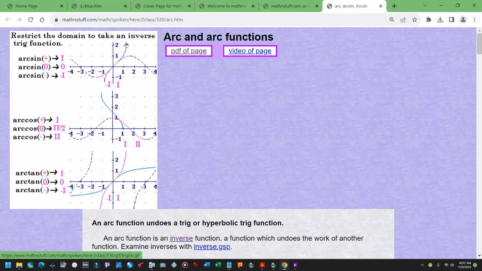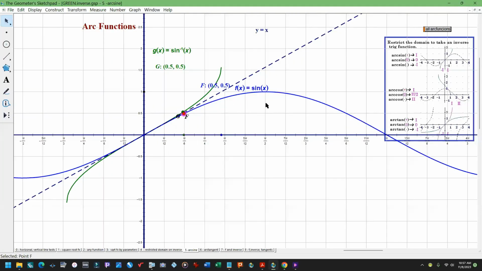Just the blue is the reflection of the pink. The green here is the reflection of the blue. Okay, so here we go. We're back to restricting the domain.